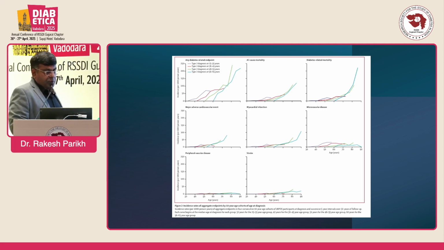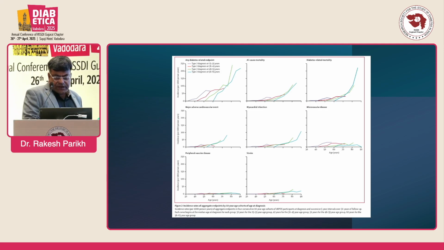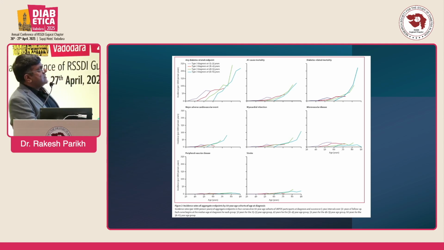And here they have plotted again any diabetes-related endpoint, all-cause mortality, diabetes-related mortality, major cardiovascular events, MI, microvascular disease, PAD, stroke, all these are the charts based on the age groups. So the people who develop younger onset diabetes have a higher risk and they develop the risk earlier.